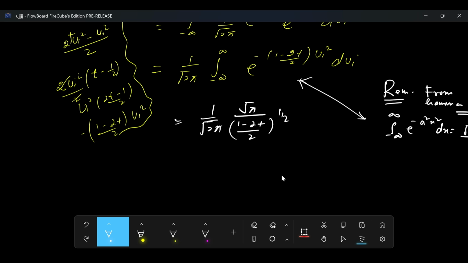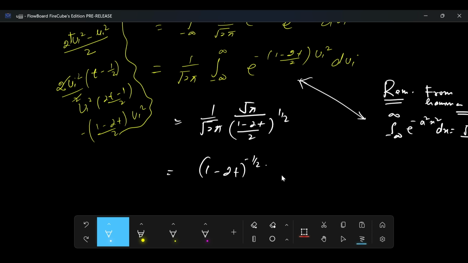Now, can I write this as (1 minus 2t) raised to the power minus 1 by 2? How? What will be the value of this?